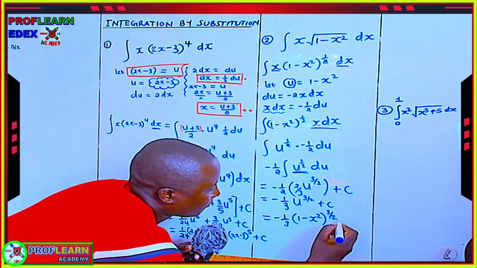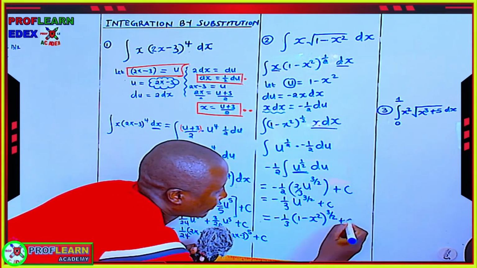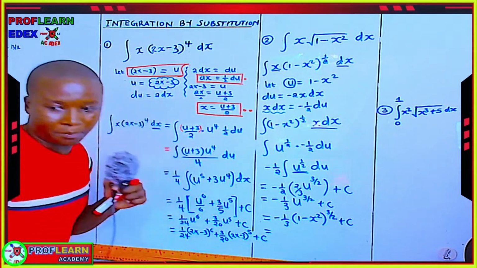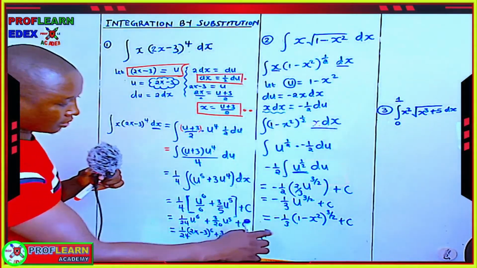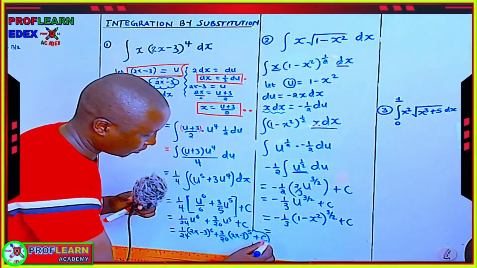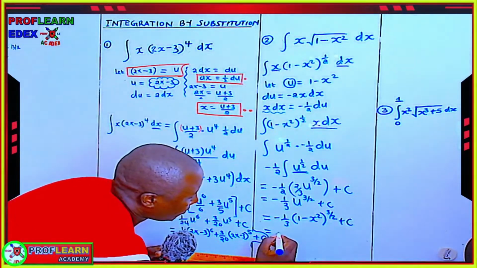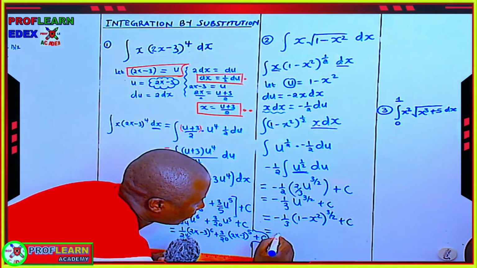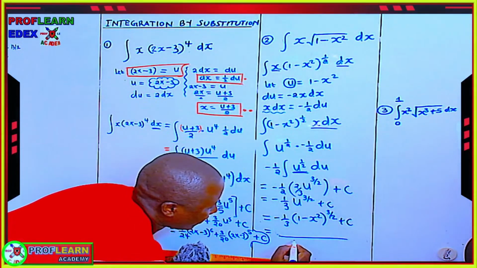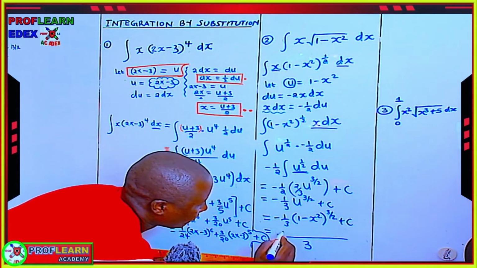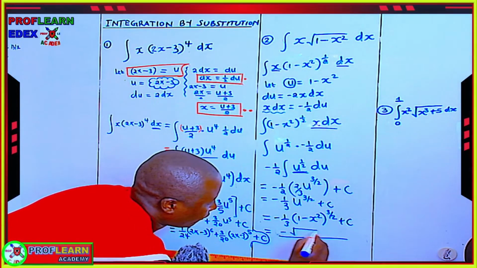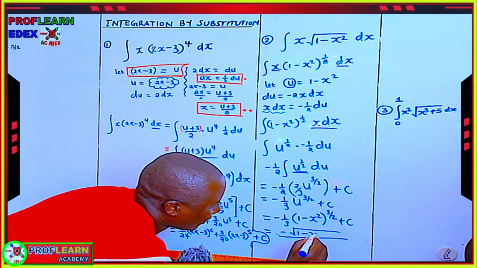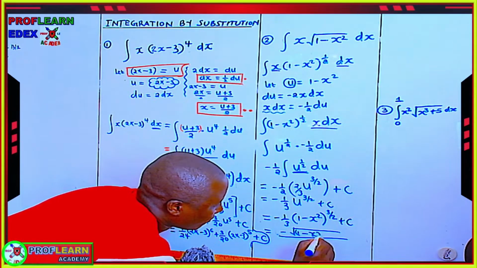So when we substitute this, we're going to have 2 over 9 into 6 raised to power 3 over 2 minus 2 over 9 into 5 raised to power 3 over 2.